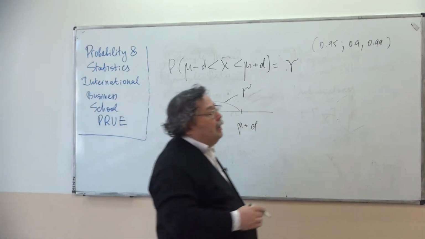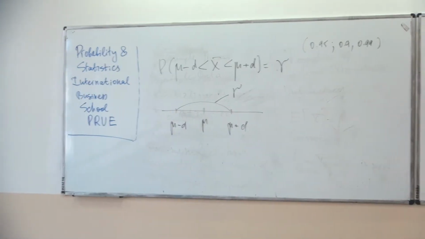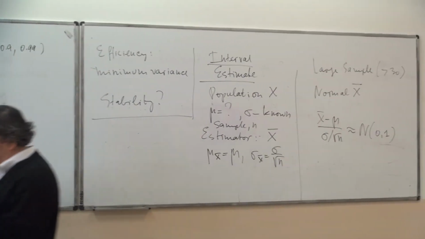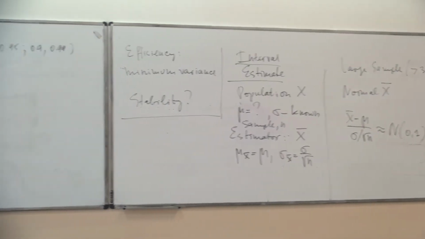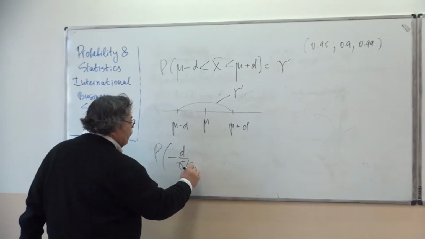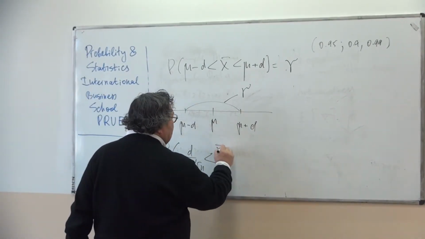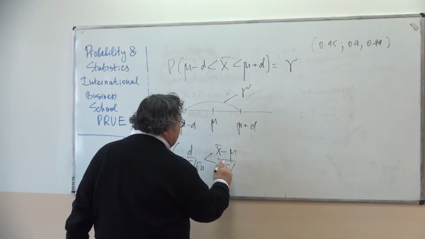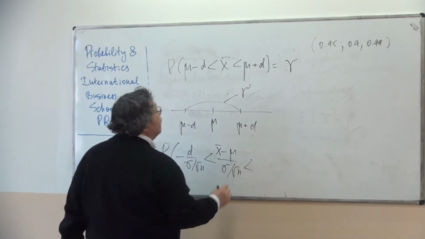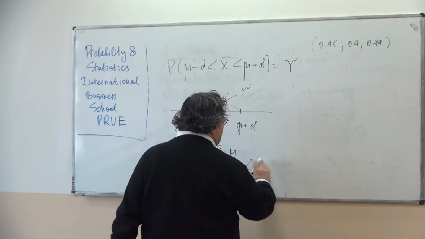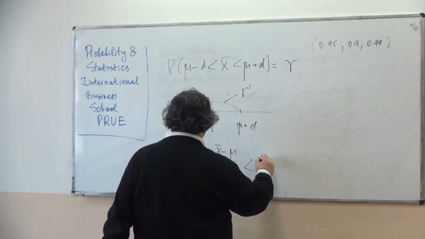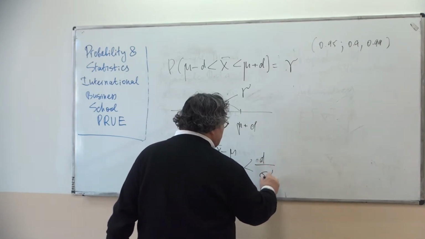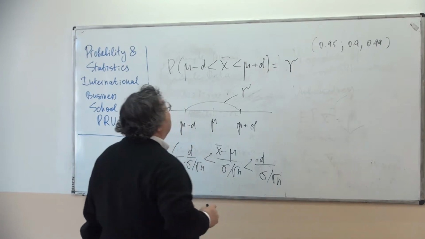Now it's time to make use of this remarkable equation. We can rewrite it this way: minus d sigma root n less than x bar minus mu over sigma divided by root n less than, I'm sorry, d sigma square root n.